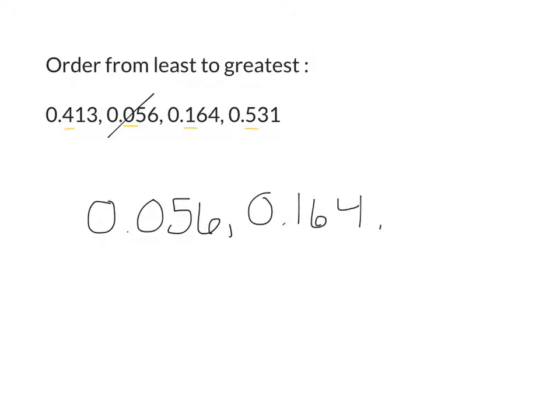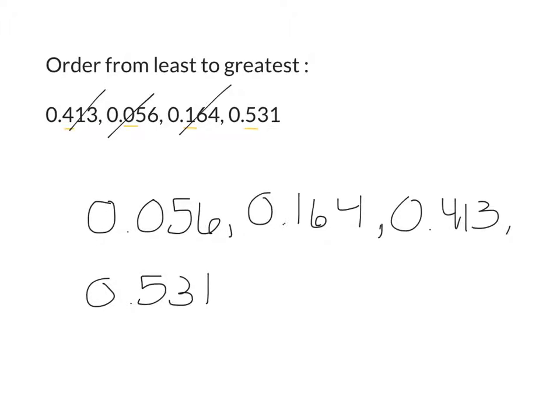And again, I'll mark that off so I know that I've already used that number. We're left with 413 thousandths and 531 thousandths. The 4 in 413 thousandths is smaller than the 5 in 531 thousandths. That will become the next number in our sequence. And so that leaves us with 531 thousandths as our last number, or the greatest number of those that we were given.